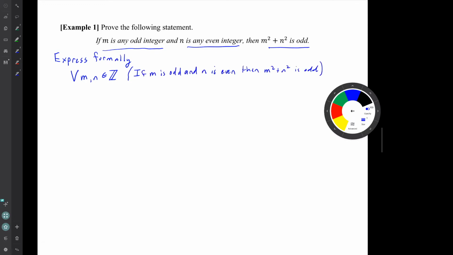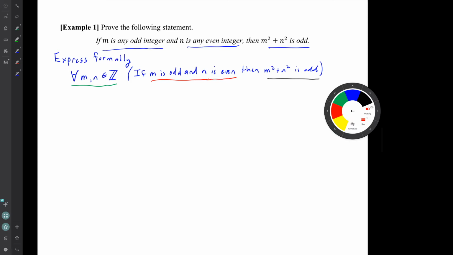So there's our statement rewritten formally. Notice that it's a universal statement because it says for all m and n in the integers, and it's a universal conditional statement. So it has the form if A, then B.